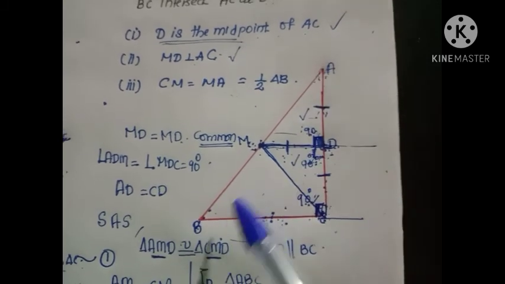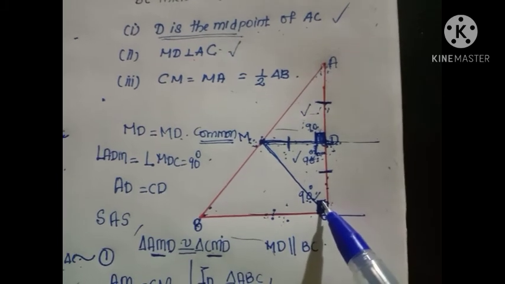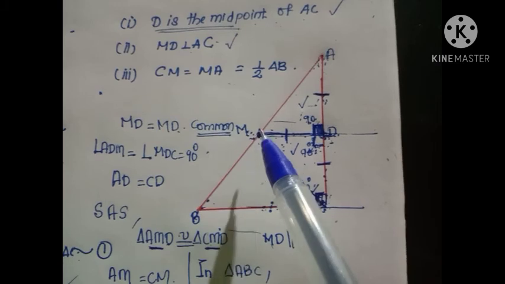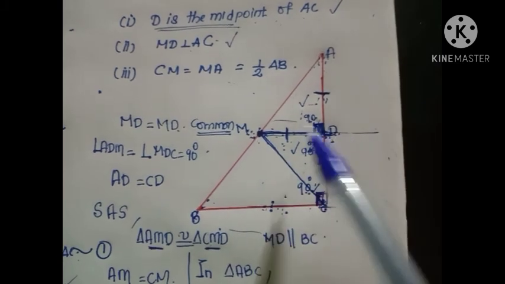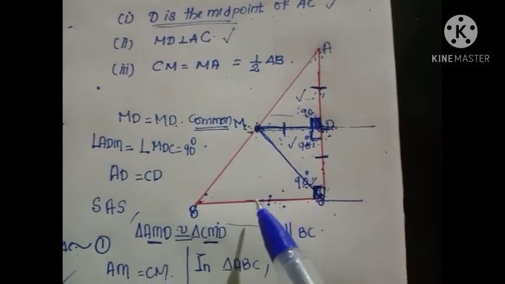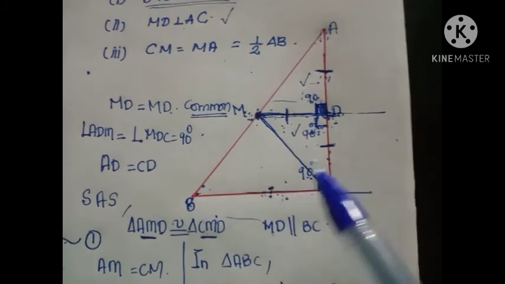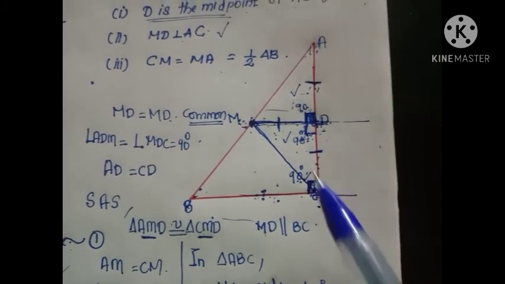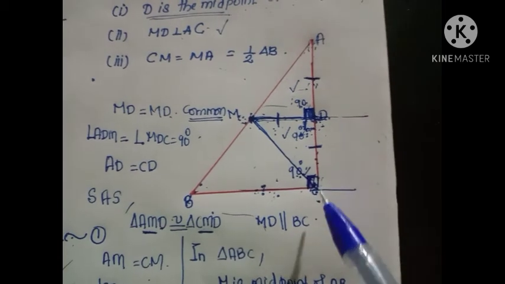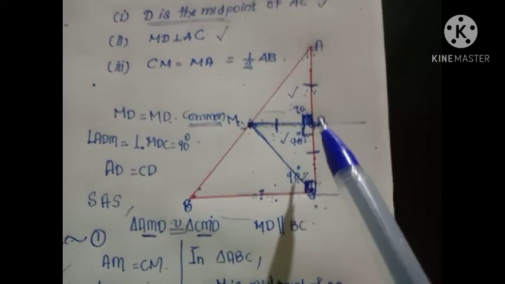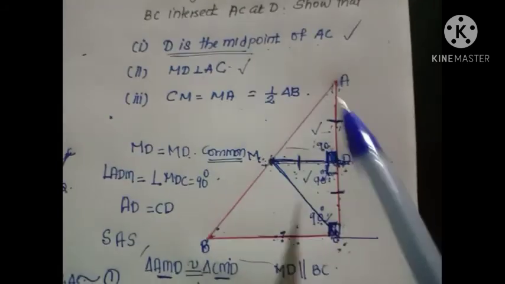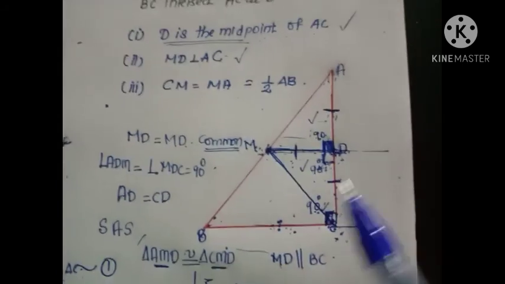For this we consider the triangle ABC. M is the midpoint. MD is a line passing through this midpoint parallel to another side, and therefore MD bisects third side AC. MD bisects AC is same as D is the midpoint of AC.